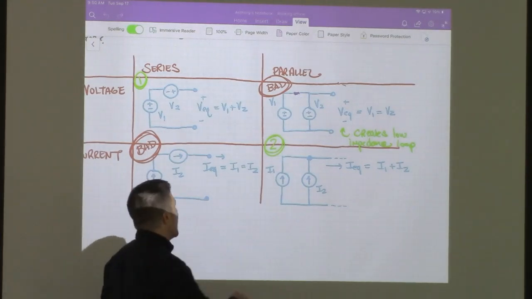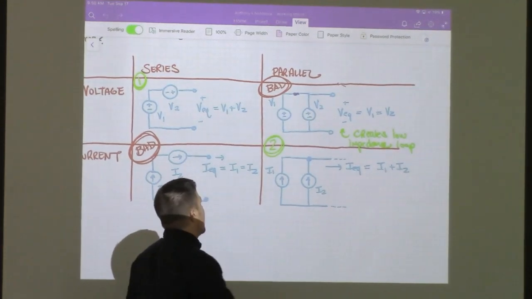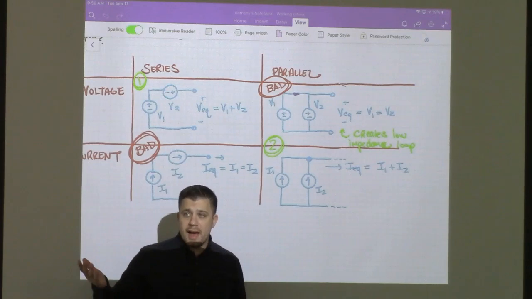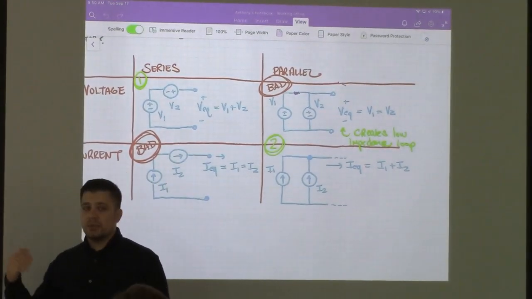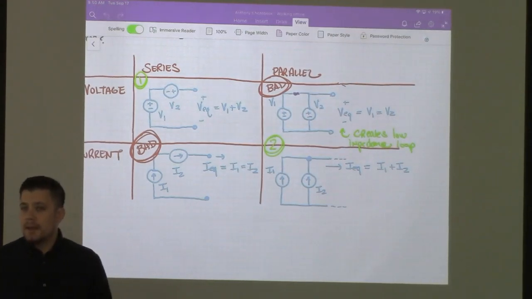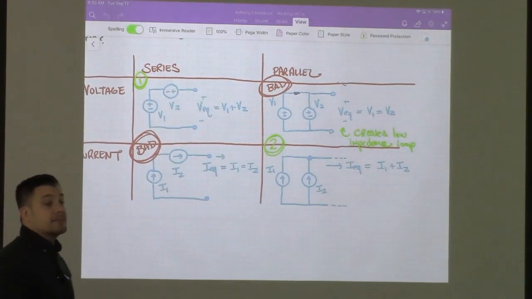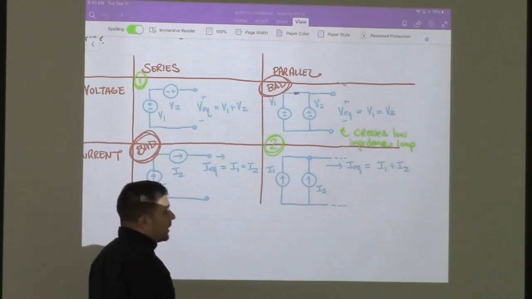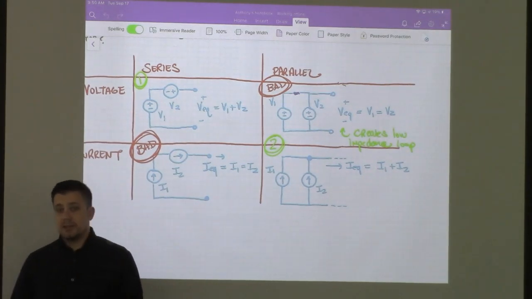Because if I were to take this loop right here, and this is 10 volts, and this is 12 volts, then you'll have 10 equals 12, or you'll have 10 minus 12 equals 0. Either way, that's not what we want. That doesn't make sense physically, so you can't do that. You can do it if both the sources are the same, but then it's a redundant thing to do.